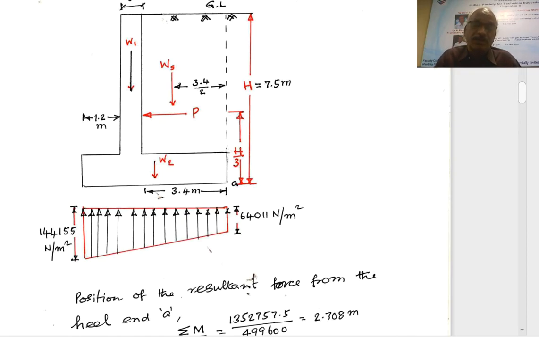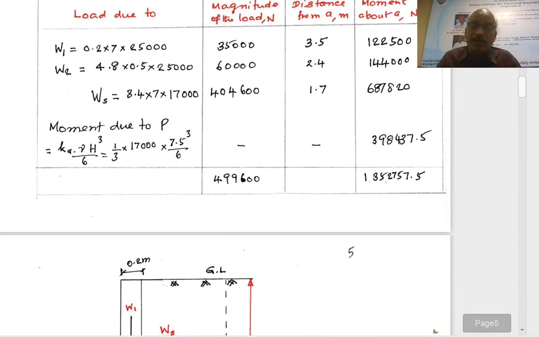The resultant of all these forces will be acting at an angle of inclination because it consists of both vertical force and horizontal force. It will be at an angle of inclination at some point Z meters from A. So that is marked as distance Z. So that value Z is given by sigma M, the last column, 135,27,57.5, by sigma W, the second column, 499,600.